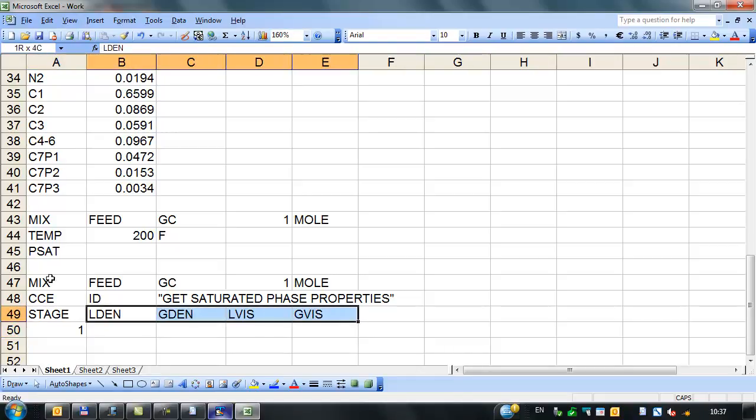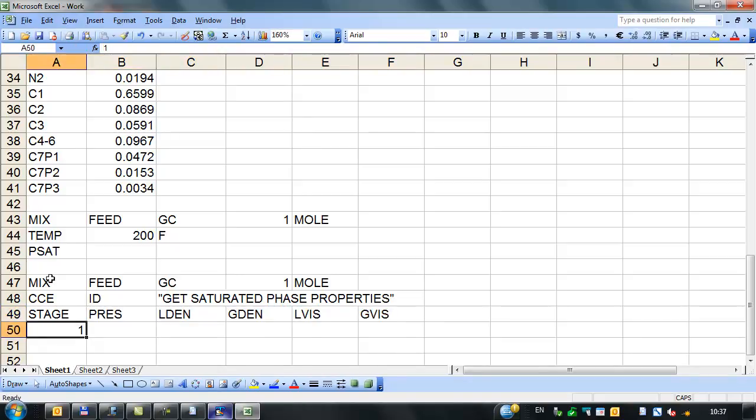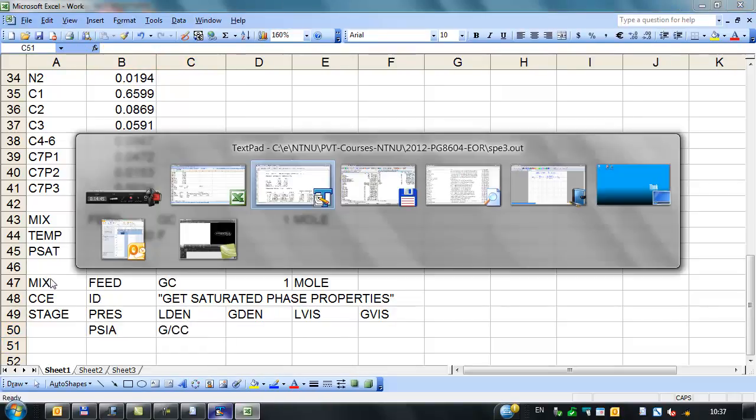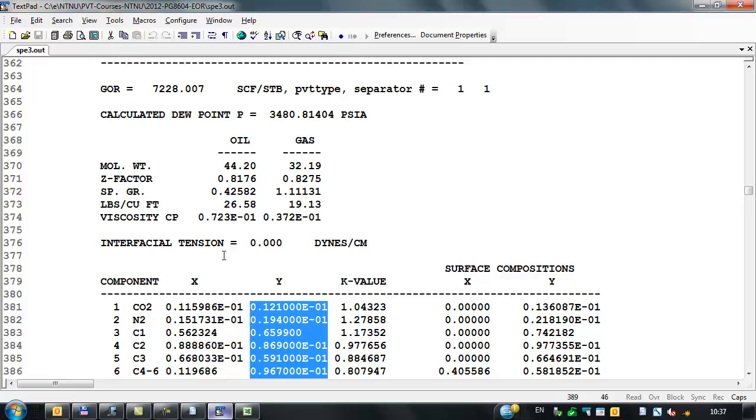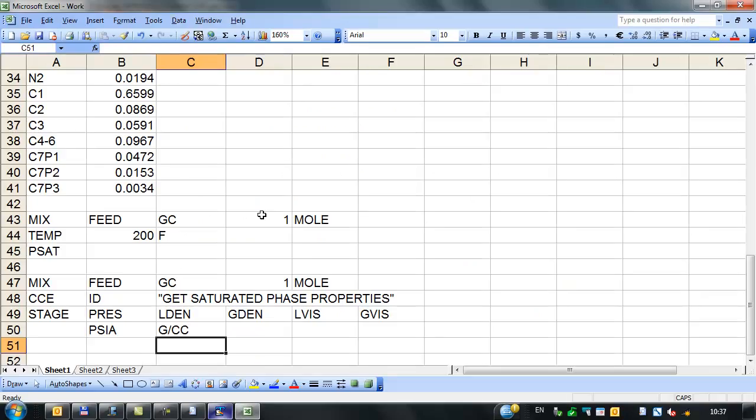Let's see, we need pressure, we need units, and the units I think used by sensor output is what? That's pounds per cubic feet and centipoise, so we need pounds per cubic feet.